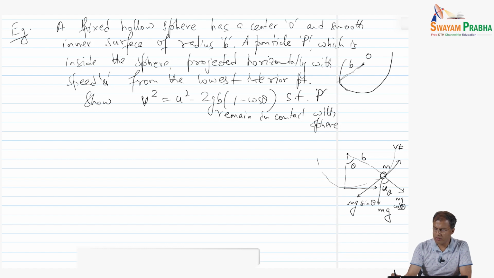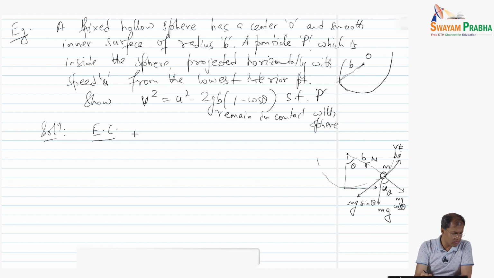The velocity v is b times theta dot, and we will also have a normal reaction which is acting along the radial direction, centrally, right? So from energy conservation we can directly use the energy conservation principle. Remember we need the particle to be on the surface of the sphere at all times. So that is a constrained motion of the particle on the surface of the sphere.